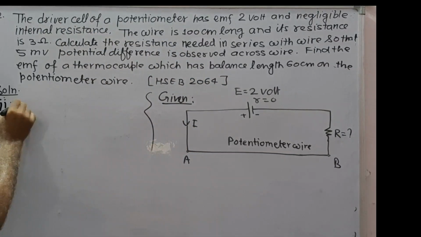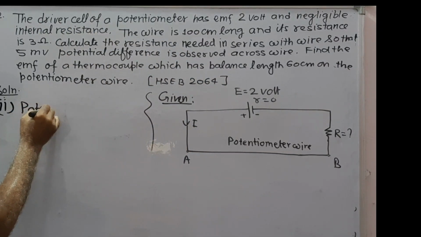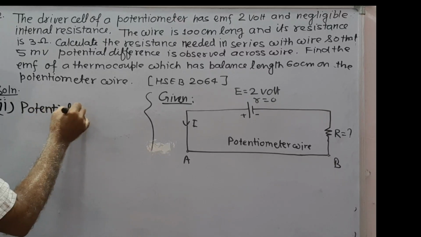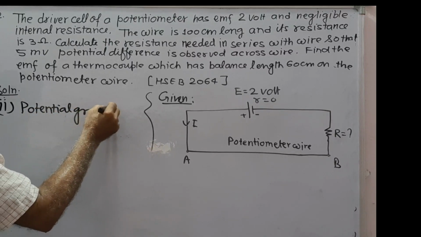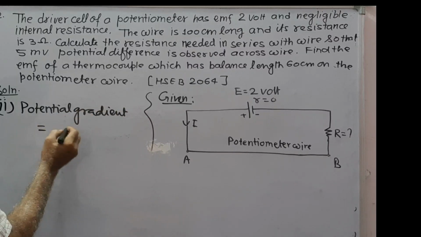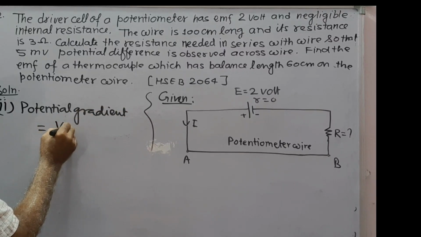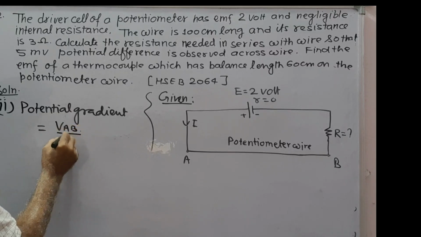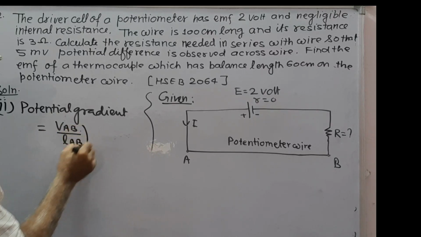Second part, potential gradient is equal to VAB upon LAB.